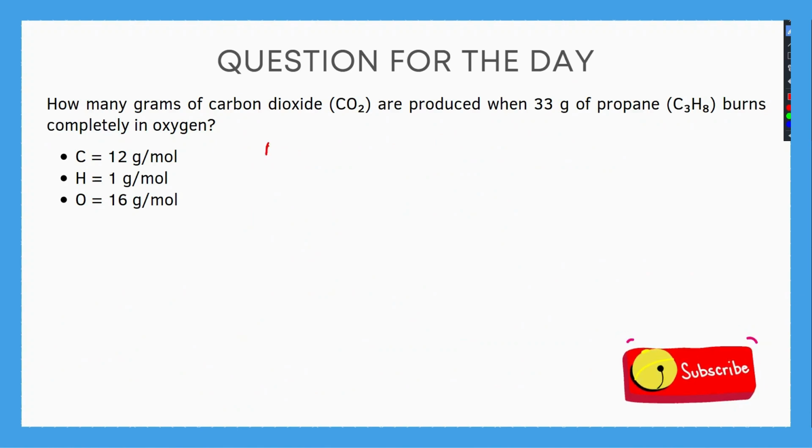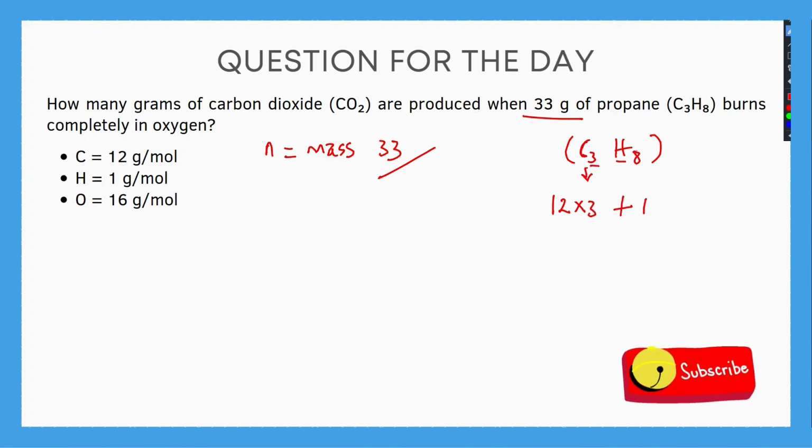So number of moles N is equal to mass. And what is the mass of propane? 33 grams. 33 divided by the molar mass. What is the molar mass of propane? We have C₃H₈. So let's find the molar mass of propane. What is the atomic mass of carbon? That is 12 times 3, plus hydrogen is 1 times 8.